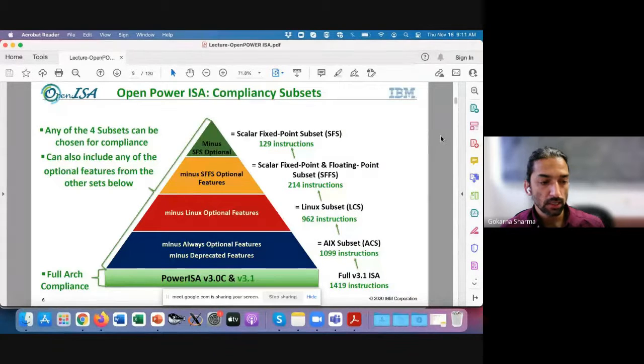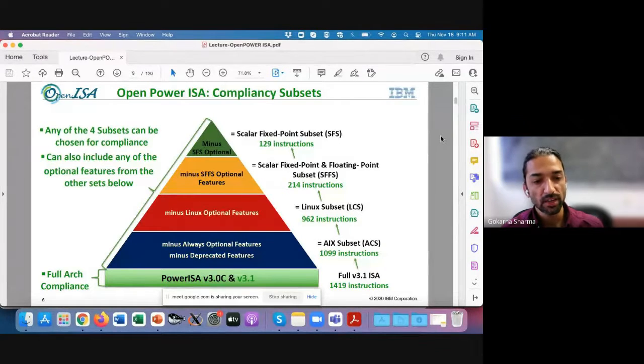Any architecture that is compliant with the full architecture offered by Power ISA 3.1 will have 1419 instructions. And then from version 3.1, you can remove always-optional features. You can also remove deprecated features.